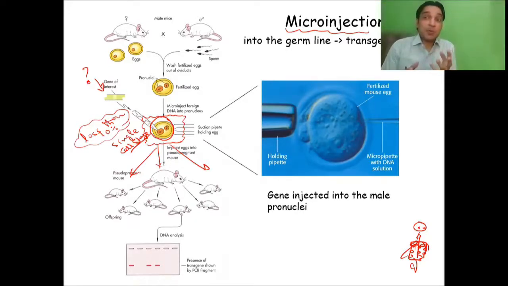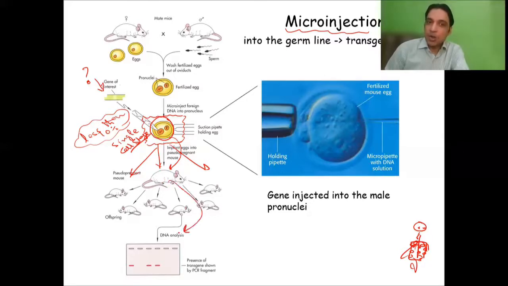And you will never be able to know the result now. You will never be able to know whether you are successful in sending the gene of interest into the genome. You will know when that zygote develops into a mouse, and you can use the cells of that mouse to get their genomic DNA, and you can analyze the presence of the gene of interest which you have sent with the help of PCR.